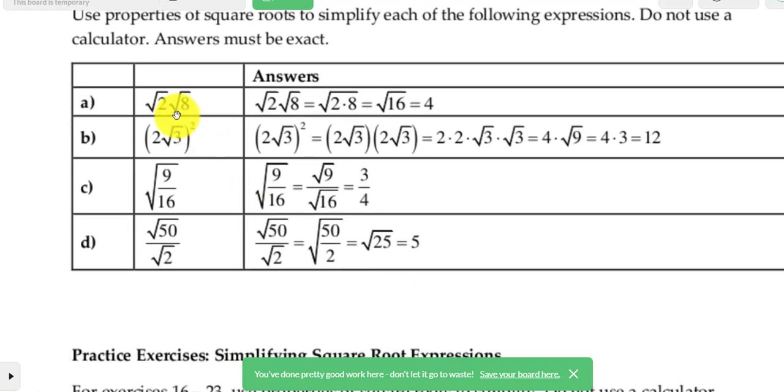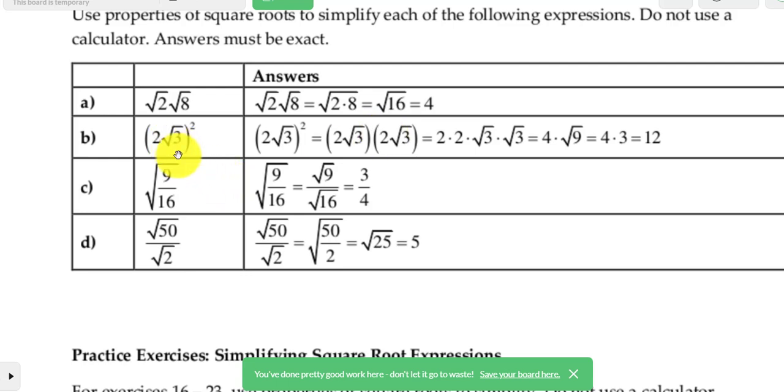Right? So for example, the square root of 2 times the square root of 8. Just looking at this, I don't know the answer, but I do know because of that property, I can take the square root of 2 times the square root of 8 and put it under the radical sign. We know 2 times 8 is 16, and the square root of 16 we can do, which is 4. Okay?